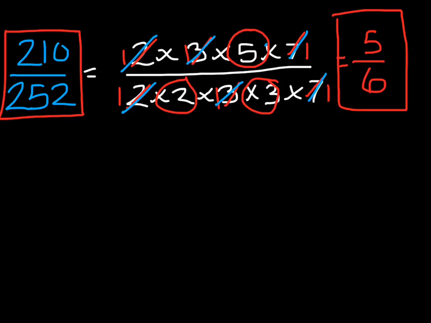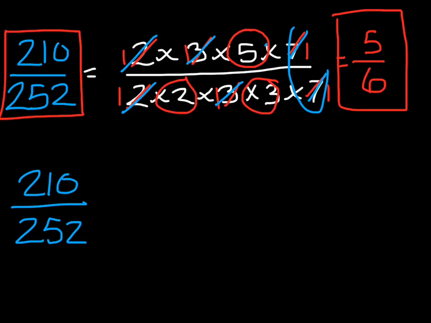That's what I would get if I took 210 out of 252, and I could tell you that the greatest common factor was, remember our pairs, 7, 3, and 2.